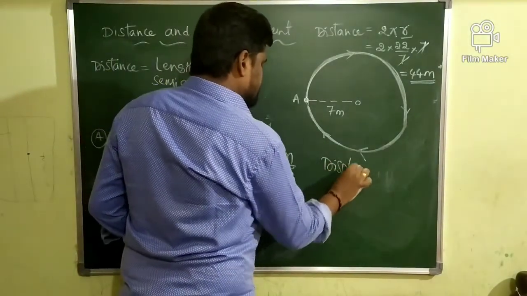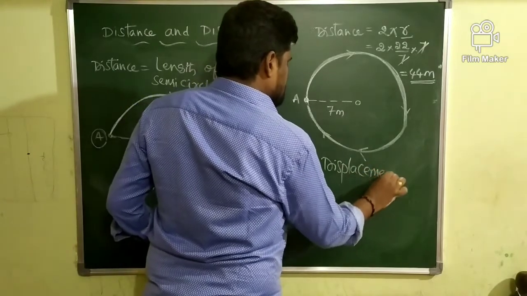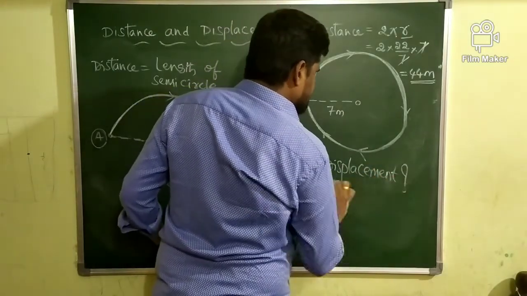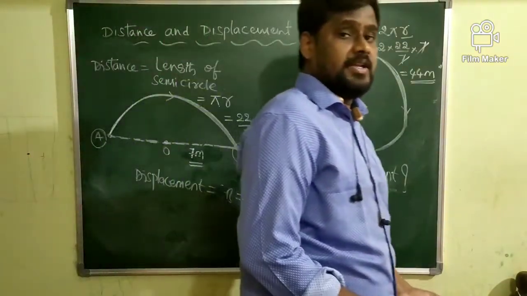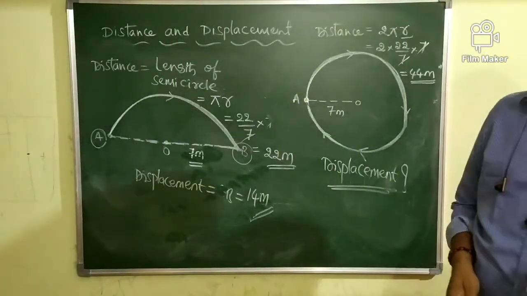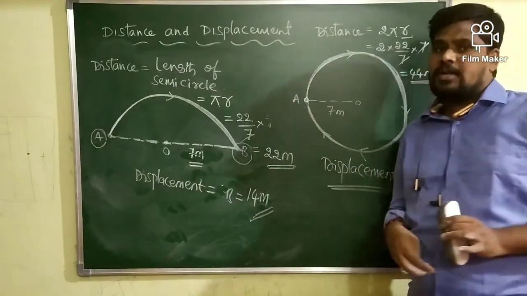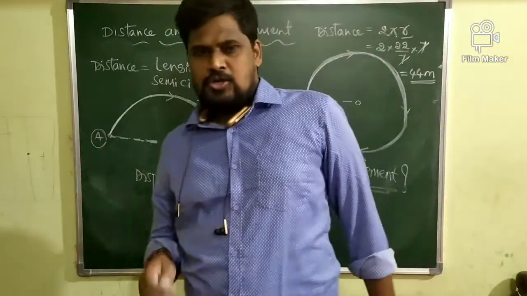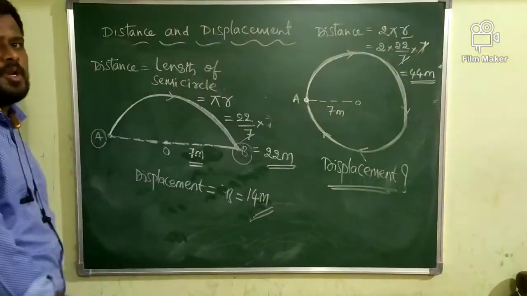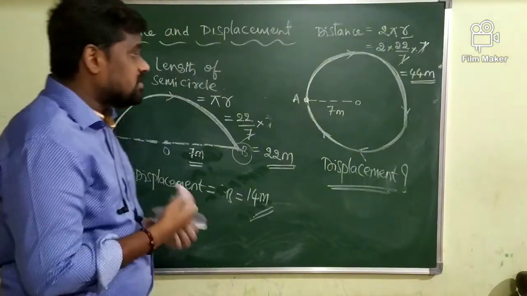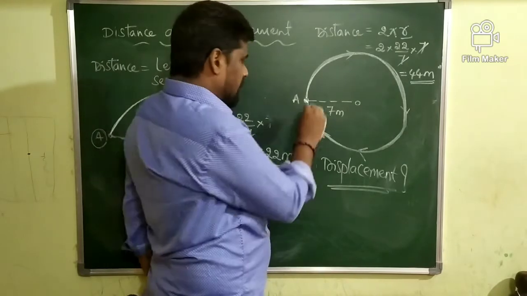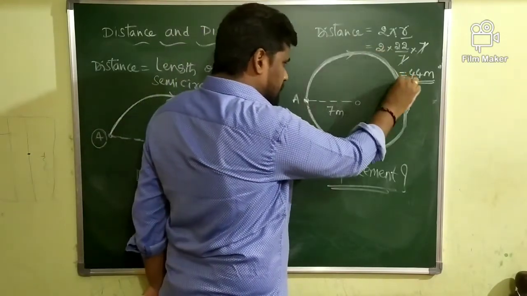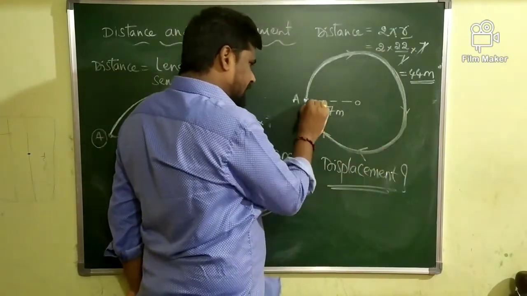What is displacement? Displacement is the shortest distance between the initial point and the final point. Which is the initial point here? A is the initial point. When it completes one journey, completes a circle, which is the final point?